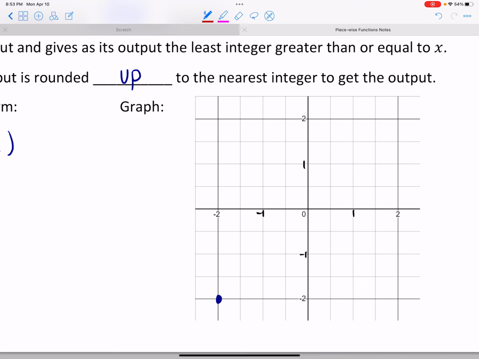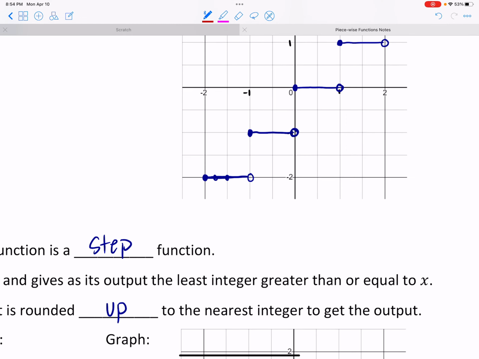So -1.5 is my input, -1 is my output. And -1 obviously is going to be -1 as an output. Anything here like -1.25 is going to be rounded up to -1, and -1.75 is going to be rounded up to -1, as close as we can get to -2, but not including -2, because -2 rounded is -2. So this time, the open point is going to be the start there.